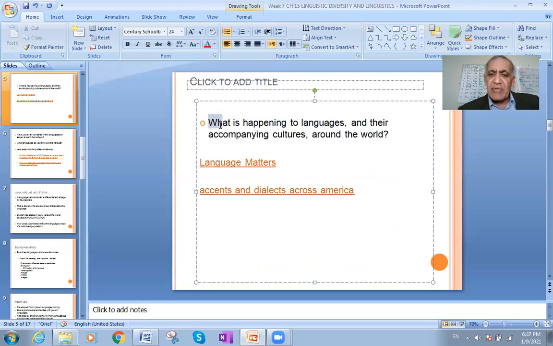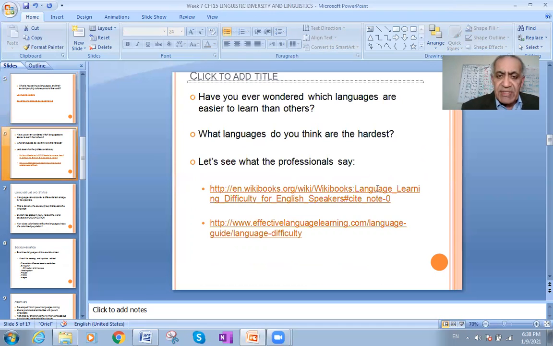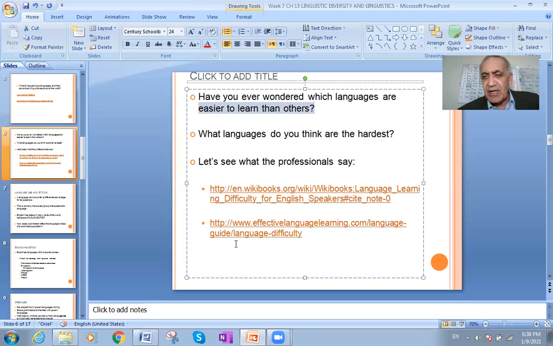What is happening to the languages and their accompanying cultures around the world? Because we say languages are bonded to culture, it's a part of the culture. So we'll see. Have you ever wondered which languages are easier to learn than others?